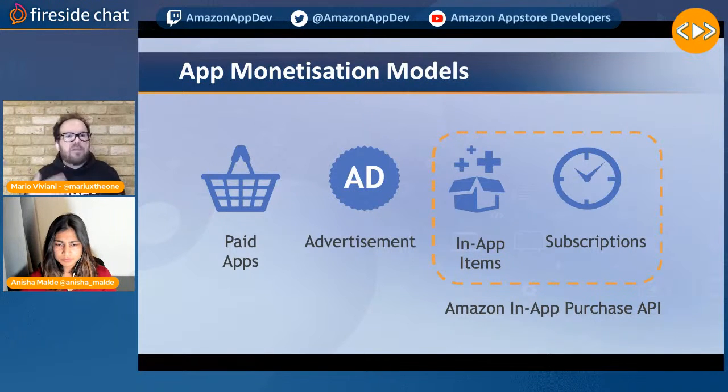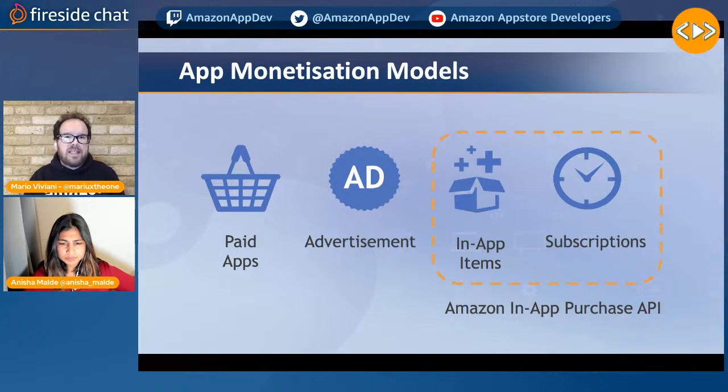For example, you might have a free period after which your subscription kicks in. You might have different types of subscription based on the tier that you want to offer, and so on. However, setting up something like in-app items and subscriptions is a fairly daunting exercise if you have to build all that ecosystem by yourself.